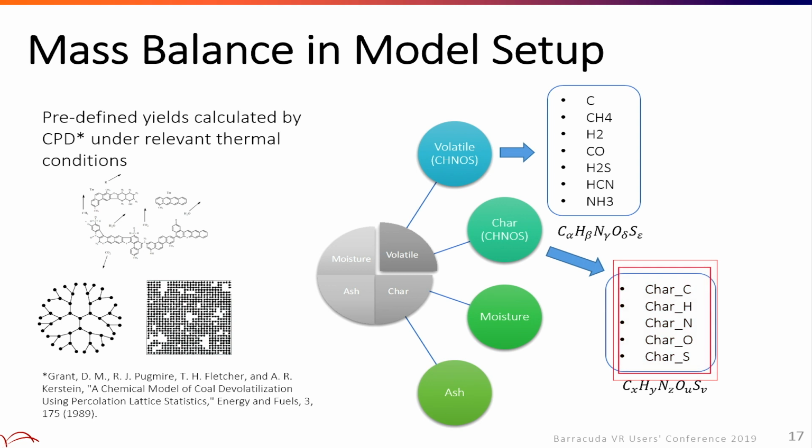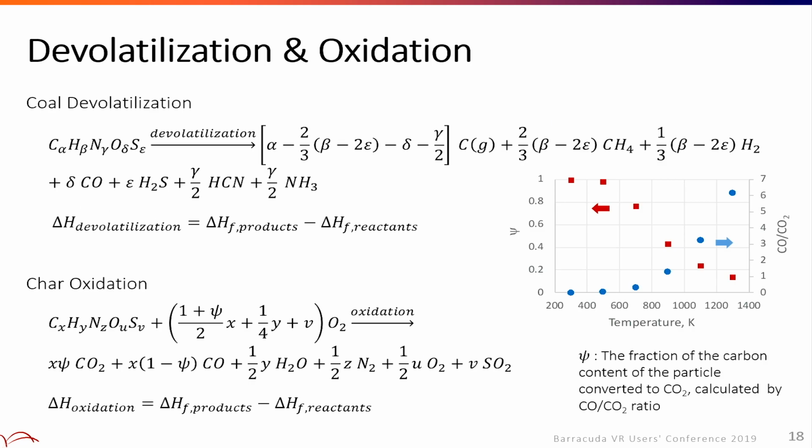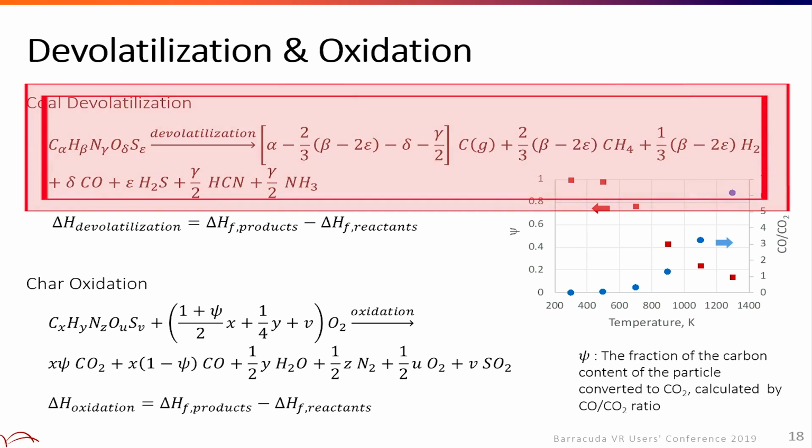Of course, if we don't know the exact composition of these volatiles, we can assume that volatile and char have the same CHNOS as in the coal. You can get that from the ultimate analysis. All right, based on that, we can define the coal devolatilizing in this way and then provide energy balance.